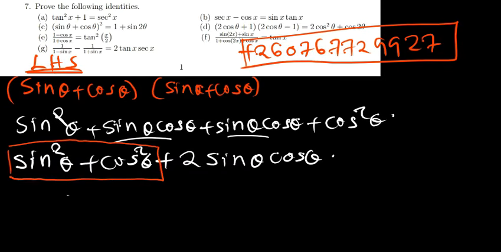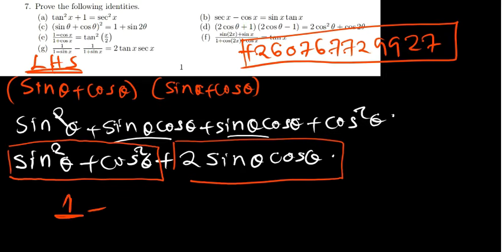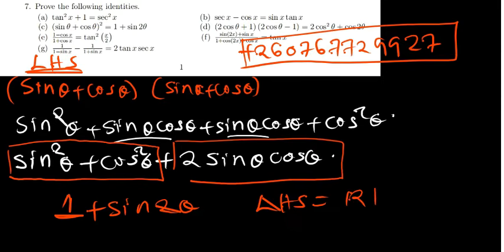Then we also know that 2 sin theta cos theta is an identity. It can be replaced by sin 2 theta. So this is going to be 1 plus sin 2 theta. And I can see that the left hand side is now equal to the right hand side. Hence proved. So that is it for part C.